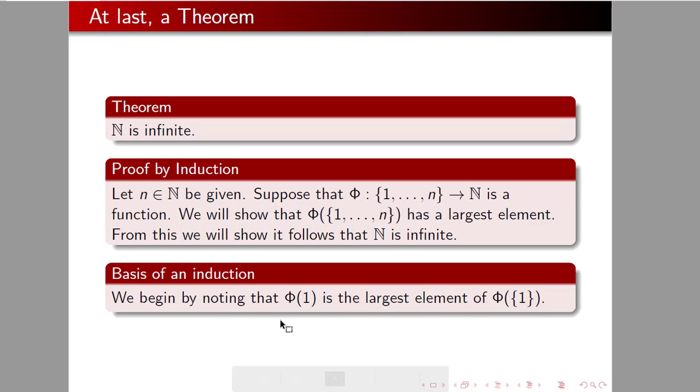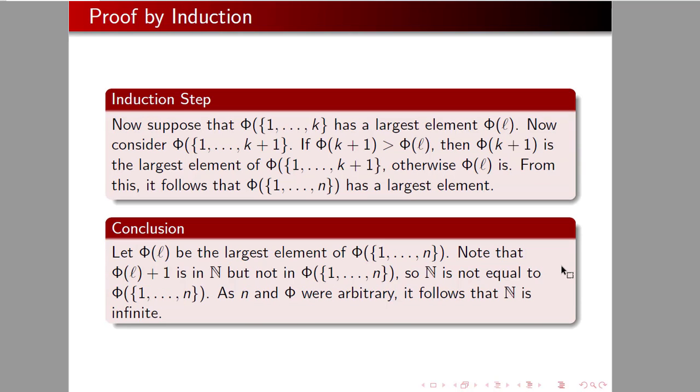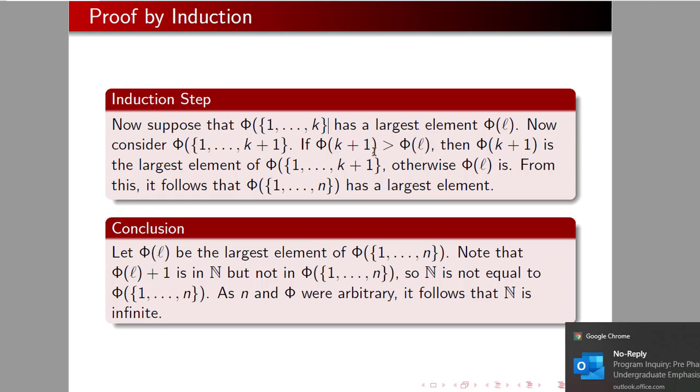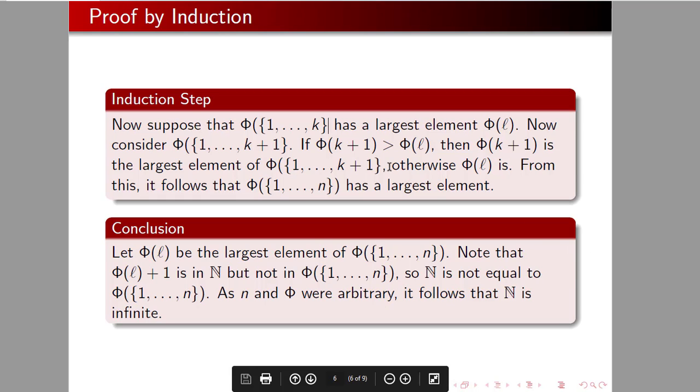So we'll start our induction with n equals 1. Phi of 1 is the largest element of phi of the set {1}. Now suppose, and here I have a typo, that phi of {1 to k}, I should have a closing parenthesis right there, has a largest element phi of L, and this L is one of these numbers from 1 to k.